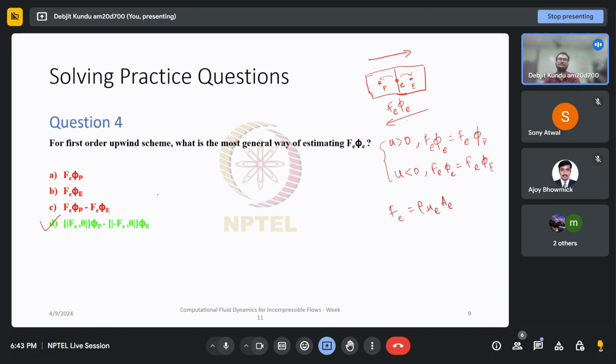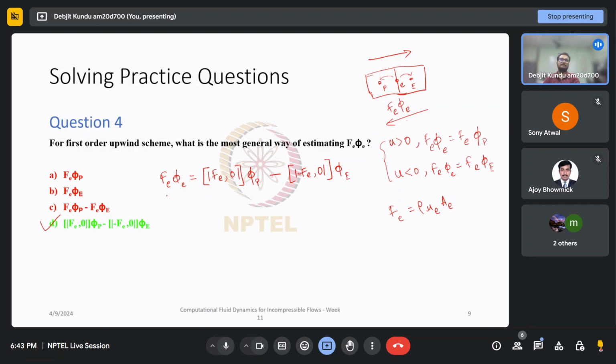So that we can use, and then we can write this general form as the maximum of Fe comma 0 into phi P. So this will come into the picture when U is positive, or similarly Fe is positive. The other one would vanish then. The other term would be the maximum of minus Fe comma 0. So within these two, 0 is the maximum.